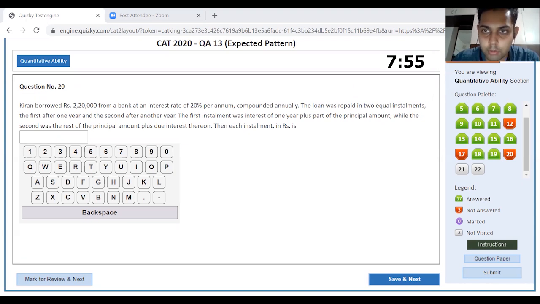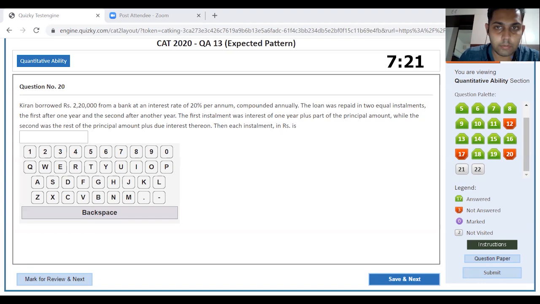So whatever my answer is will be something lesser than this is what I just wanted to check. In first year it is 220,000 into 1.2. Right. This is the total sum that I need to pay.